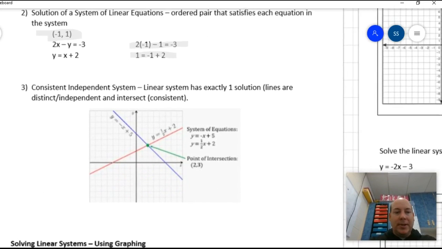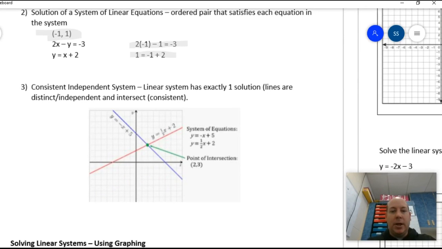So a consistent independent system is a linear system that has exactly one solution, okay? The lines are distinct, meaning they're different lines, or independent, and they intersect, okay? That's where that word consistent comes from. So you can see on the graph, you've got that red line and that blue line there, right? They intersect at one point, okay? So that's going to be their solution.